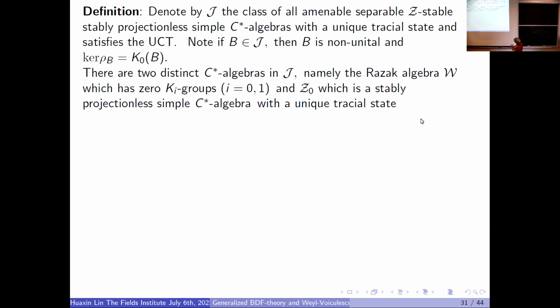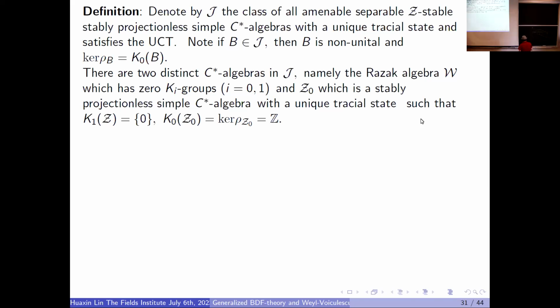And there is another one we denote by Z0, which is a stably projectionless simple C-star algebra with a unique tracial state, such that K0 is 0 and K1 is Z, but it's the same as the kernel of the rho. So it's vanishing.